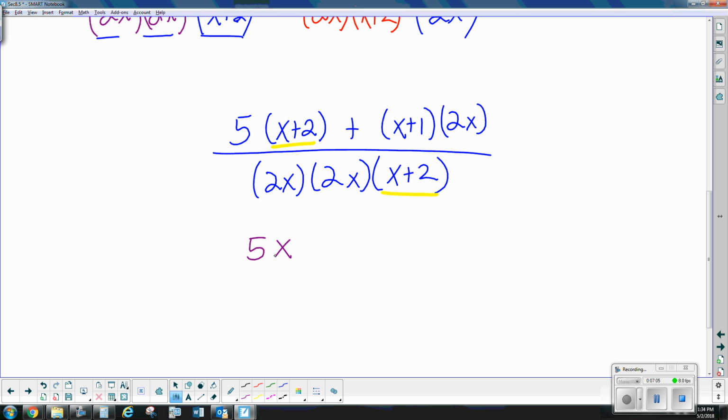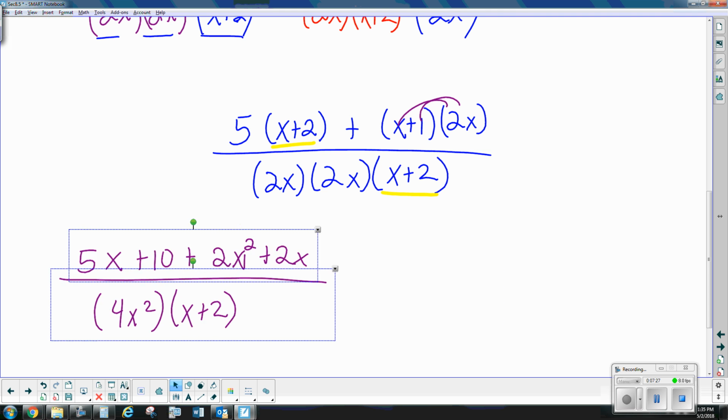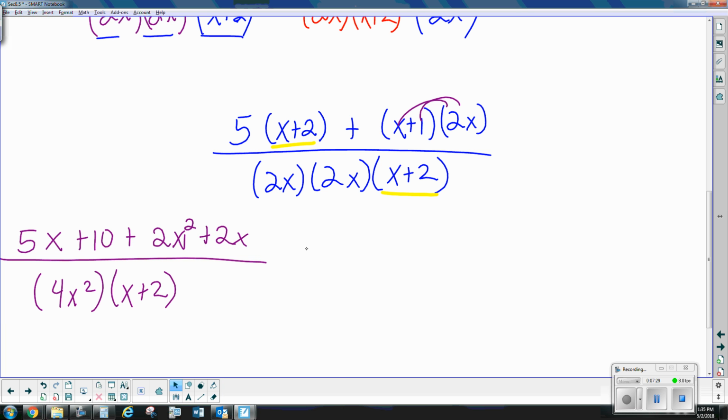So our numerator is 5x plus 10 plus 2x squared plus 2x. I'm multiplying here, and that's all over 4x squared times x plus 2. I can simplify this even further by combining like terms and putting my denominator into standard form.